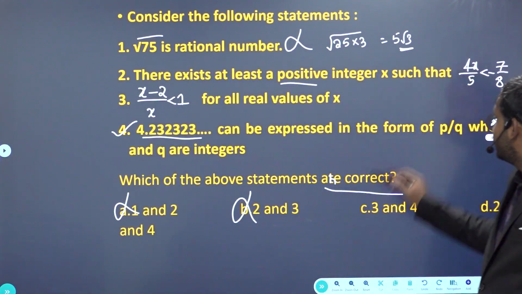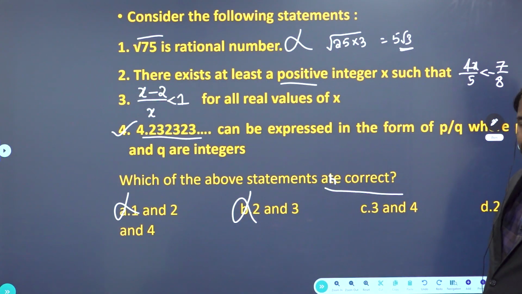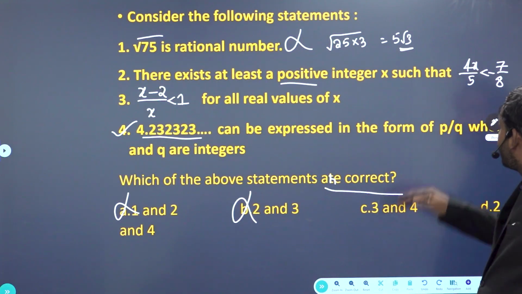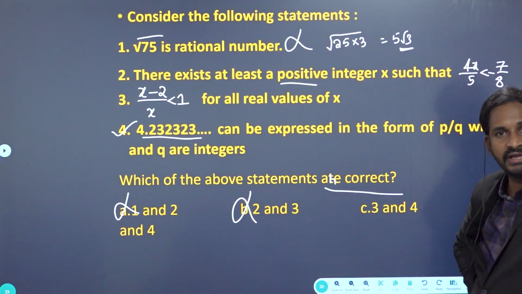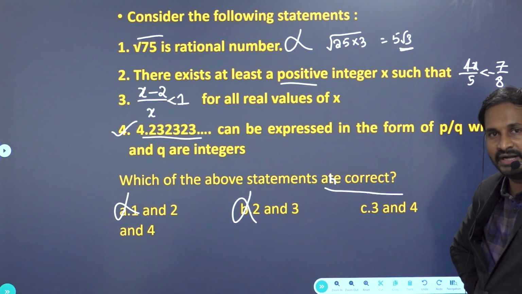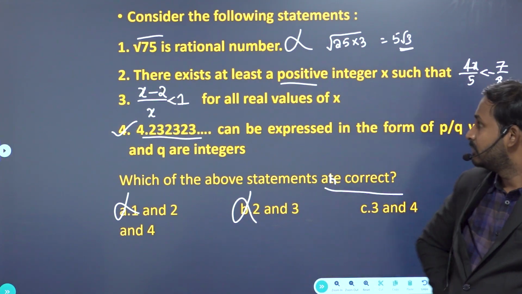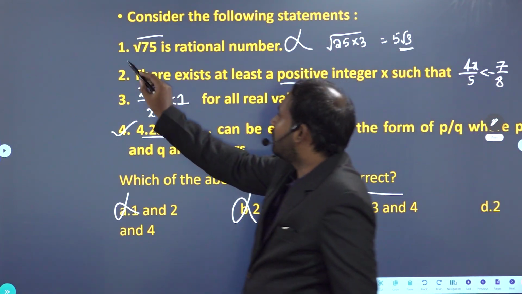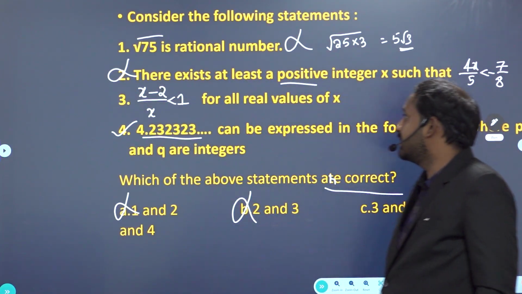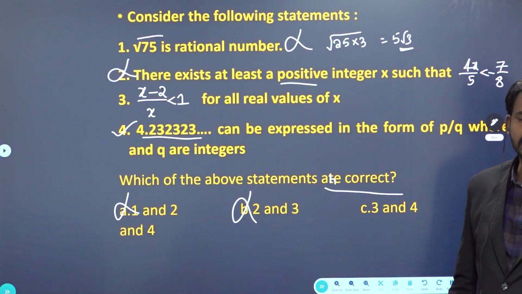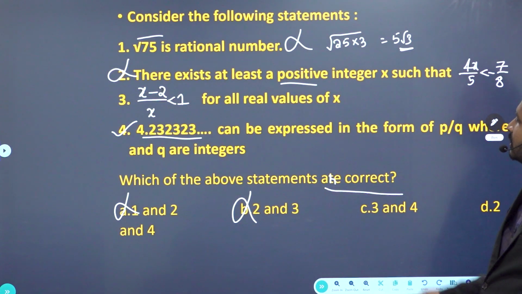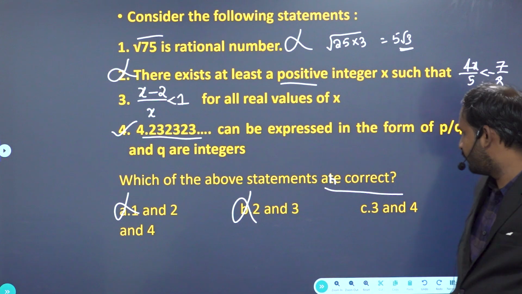That means obviously 4x by 5 will always be a positive value. Will a positive value be less than minus 7 by 8 at any time? No. So this one is always false. There exists at least a positive integer x, which is always false. So the only thing left for us is 3 and 4.